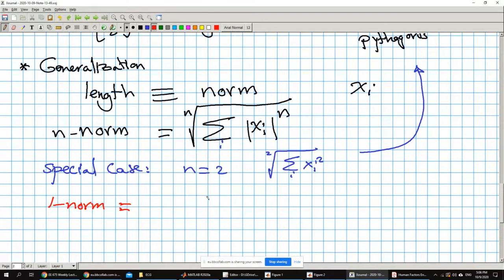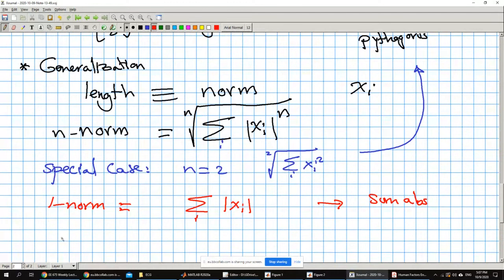So it's just a summation of the absolute values of xi, to the power 1, which is exactly the same as the summation of absolute values. Okay, so this is a very special case.